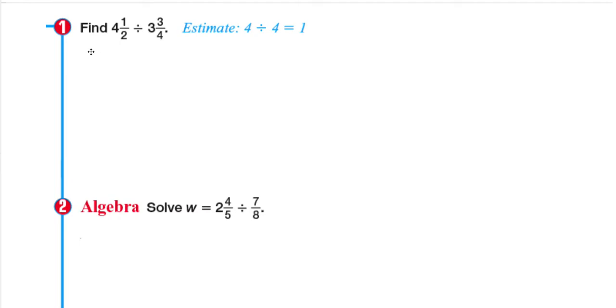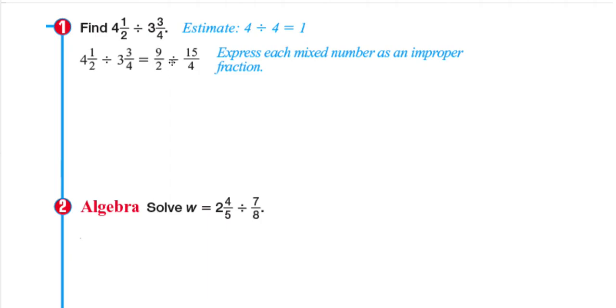Again, we copy the problem, 4 1/2 divided by 3 3/4, and we convert 4 1/2 into an improper fraction, which is 9/2, and 3 3/4 into an improper fraction, which is 15 over 4. After converting, we try to find any GCF, and if you notice, the GCF of 9 and 4 is 1, the GCF of 2 and 15 is also 1.